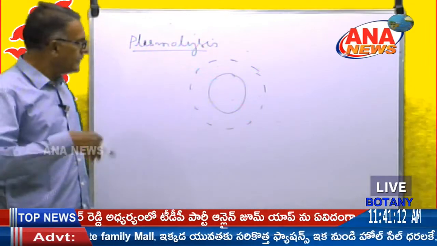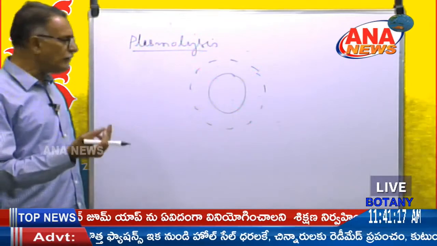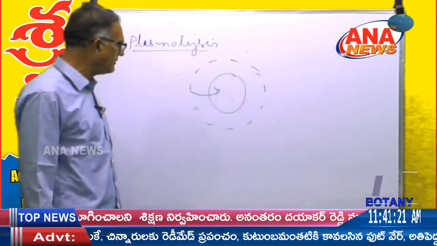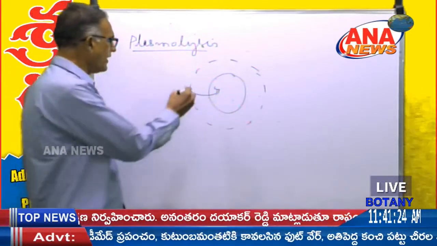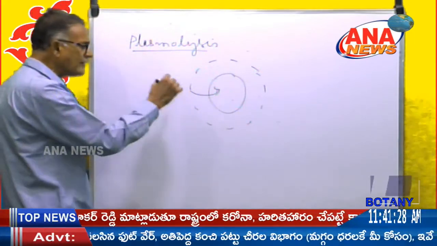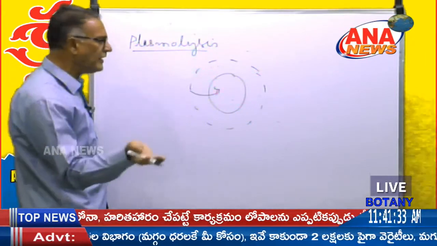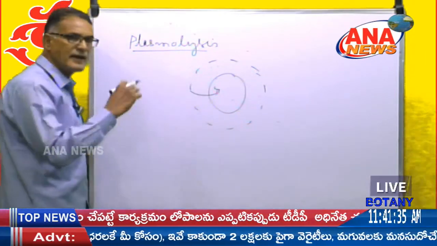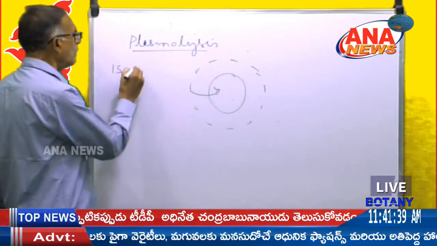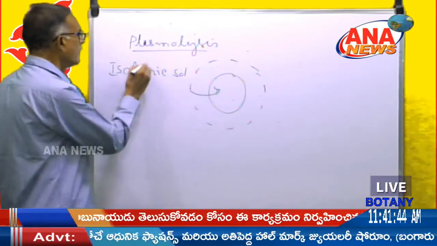If the external solution concentration is equal to the cytoplasm of the cell, there is no net movement on either side, inside or outside. Such a solution is called isotonic solution.